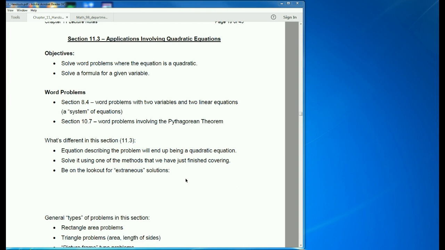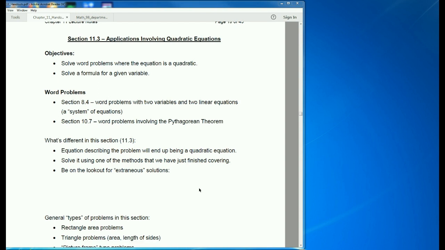When you solve your quadratic equation, you generally end up with two solutions, and usually the problems only need one of those. One will be the right solution and the other is the extraneous one, and you just throw it away.